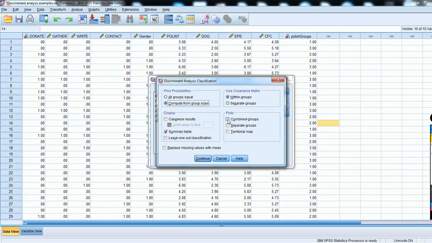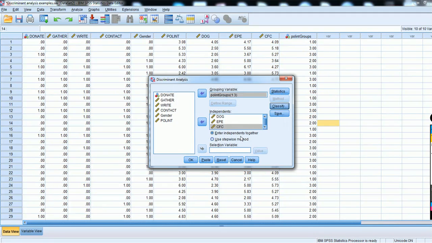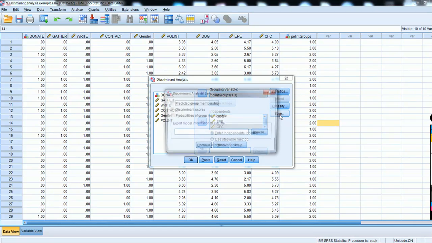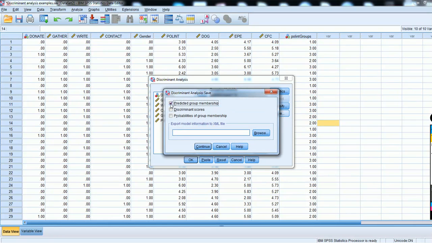I can also ask for various plots if I want to, so I'll just click on those to show you what they look like. Under Save, I can also ask for predicted group membership, discriminant scores, and probabilities of group membership. And so basically what happens is, as I said before, we take our predictor variables and we generate predicted group memberships.